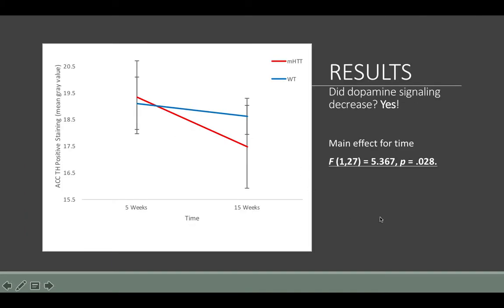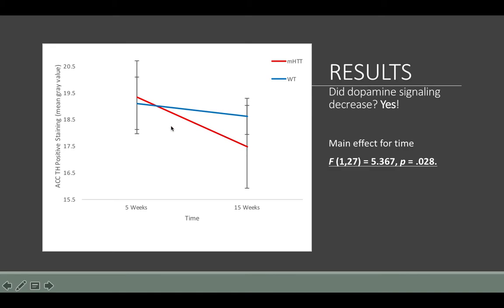So again, asking the question if dopamine signaling decreased. Yes, it did here. So we saw that while there was no difference between mutants at 5 weeks and wild types at 5 weeks, or wild types at 15 weeks and mutants at 15 weeks, there was a difference between those at 5 weeks and those at 15 weeks.